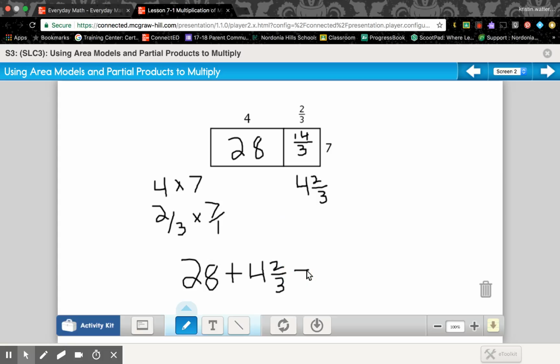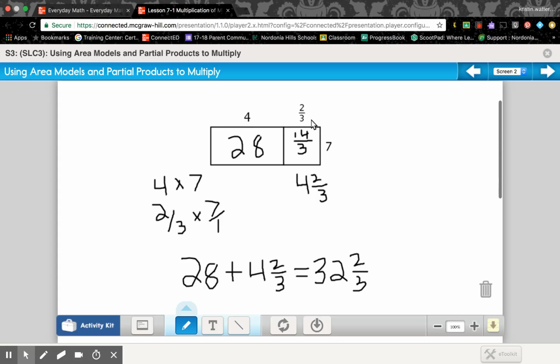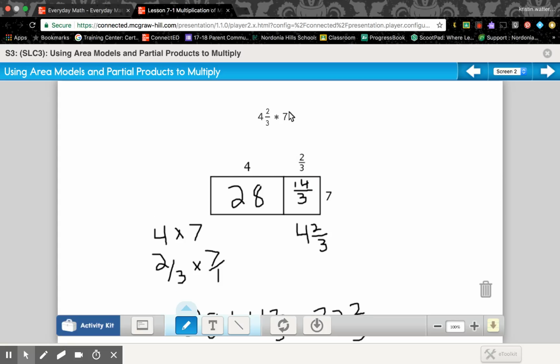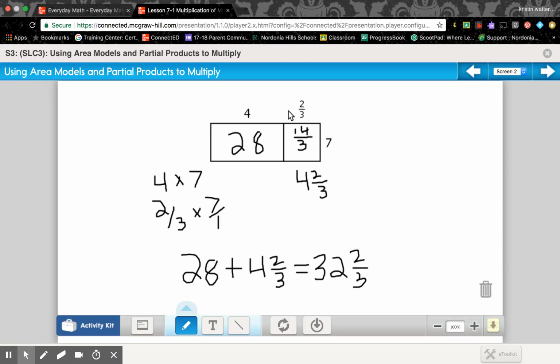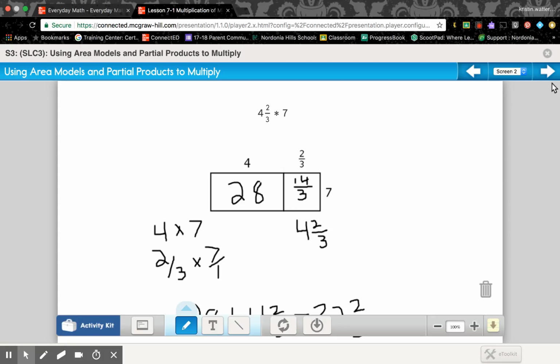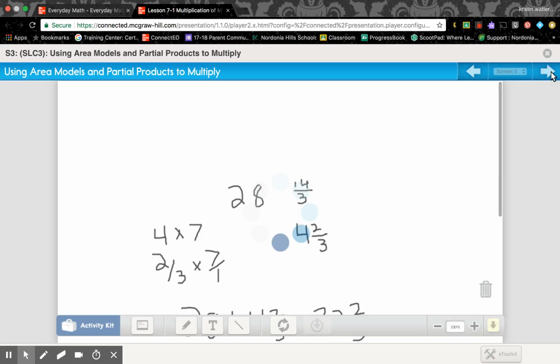So if we add our whole numbers of 28 and 4, that gives us 32. And then our fraction is just 2/3, since there's no other fraction with 28. So we can figure out that 4 2/3 times 7 is 32 2/3. Not too bad, right? Let's look at another one.